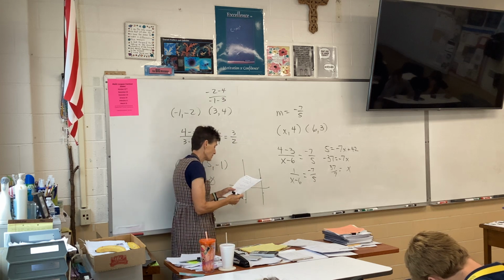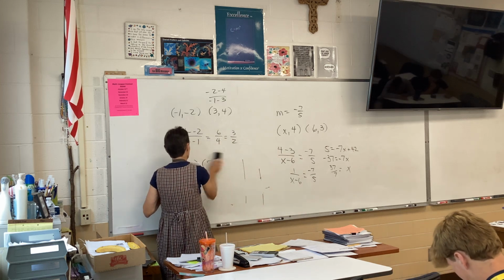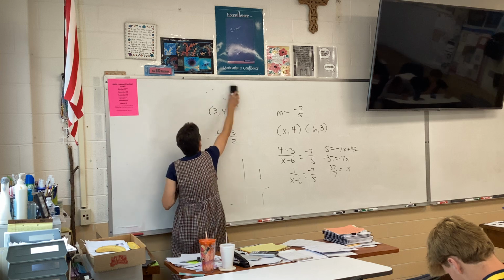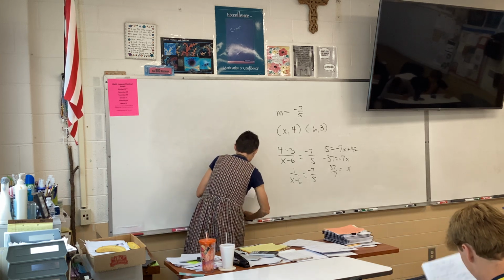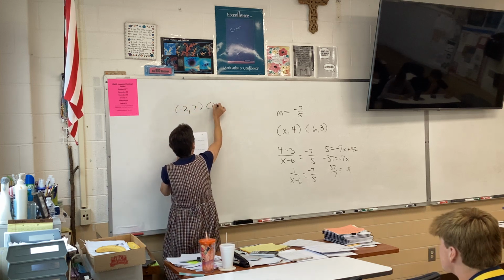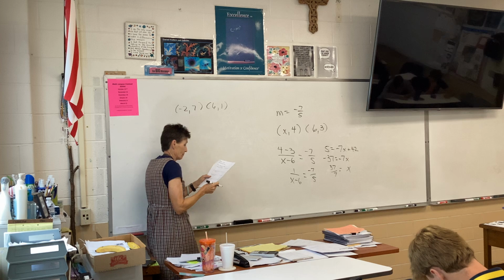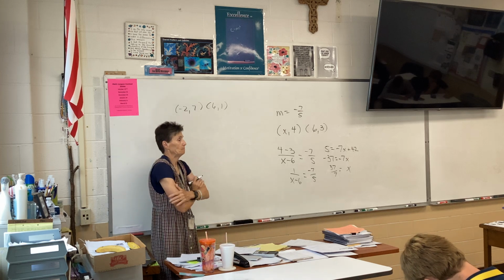Write the point slope form of the line through these 2 points. Okay, what do you think?